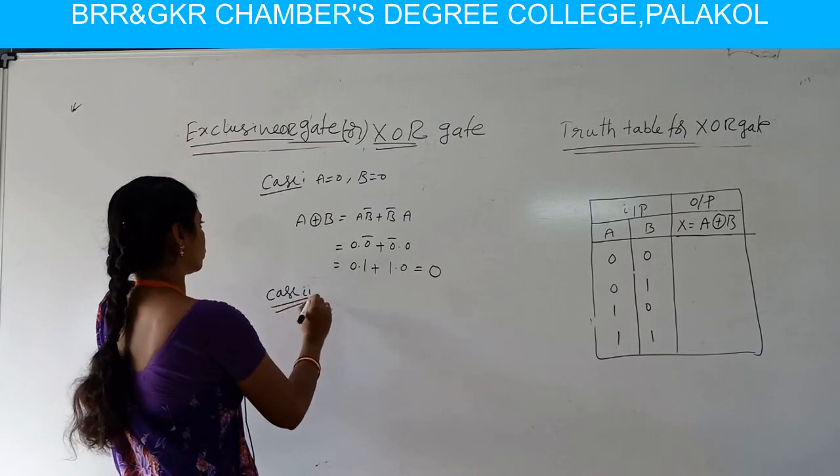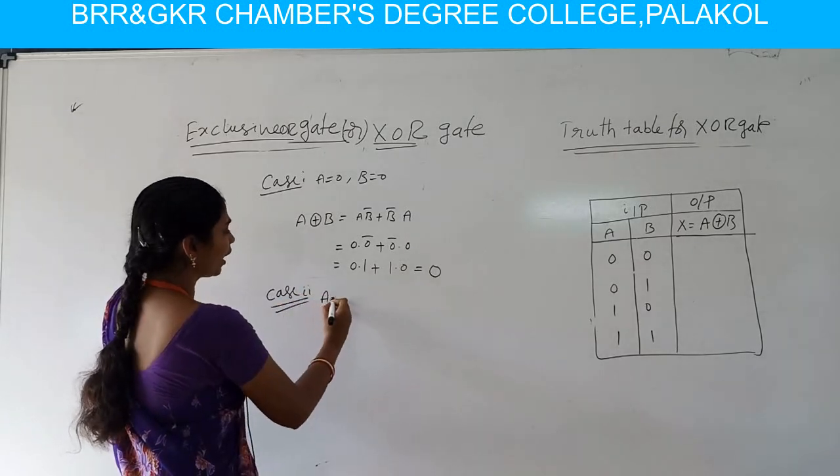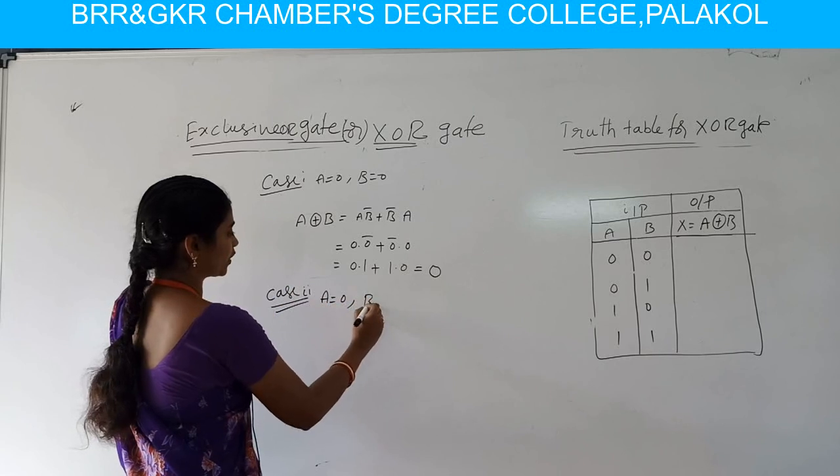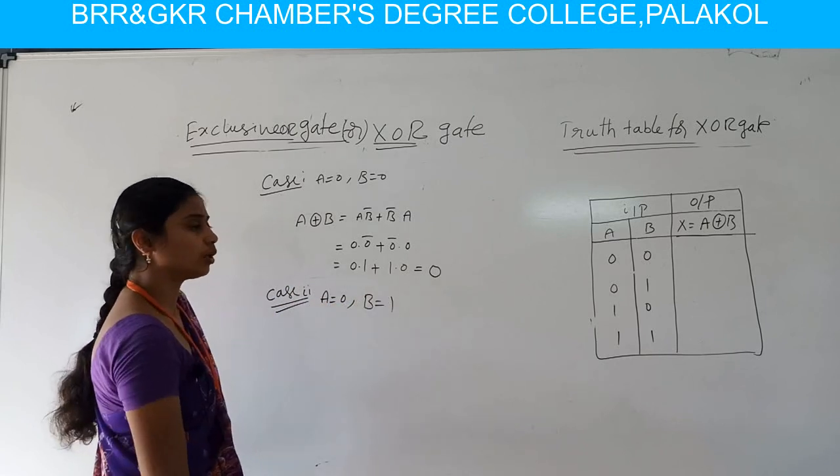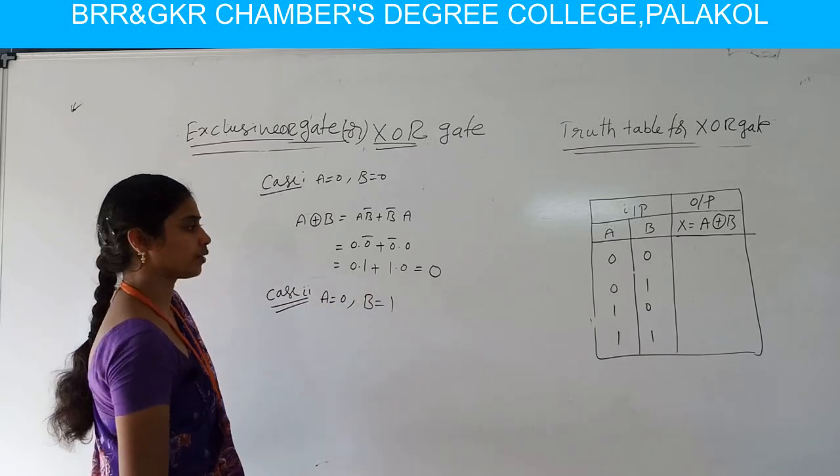In case 2, A is considered 0 and B is considered 1.